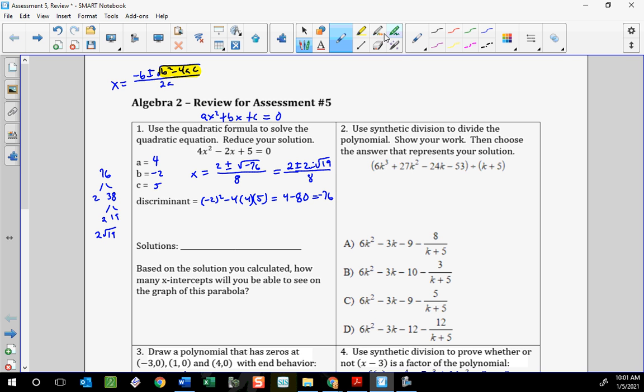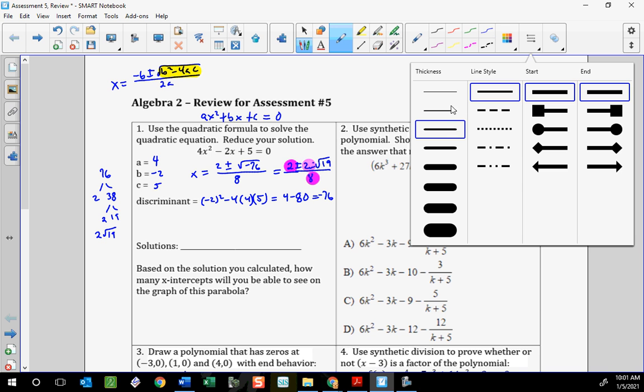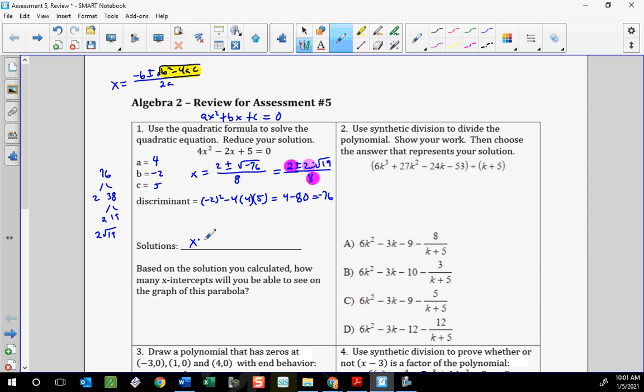All right, so remember, if these three pieces right here all divide by a number, you should go ahead and do it to reduce it even further. So I'm going to get my answer to be 1 plus or minus, I could put 1i, but I'll just put i radical 19 all over 4.